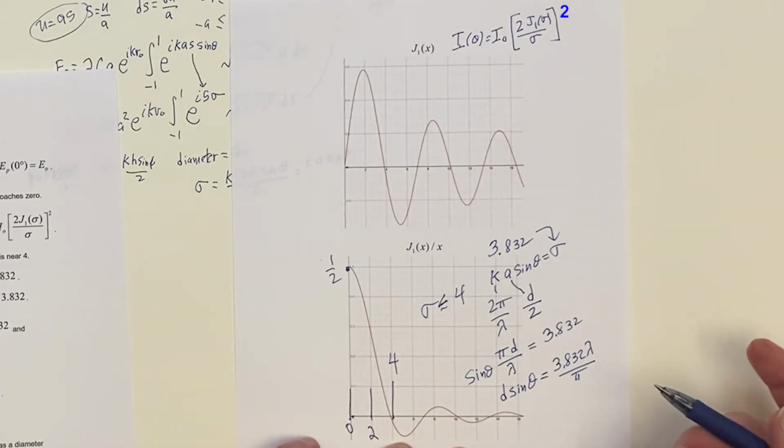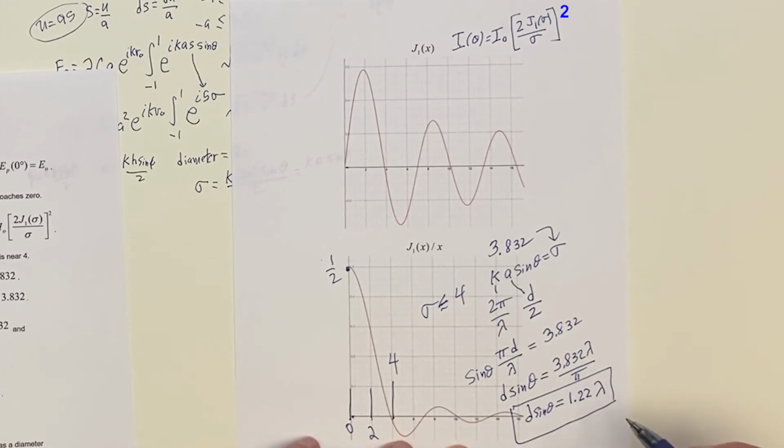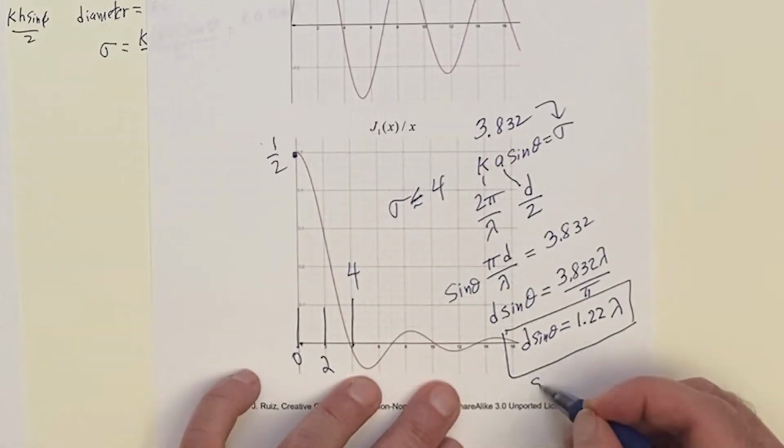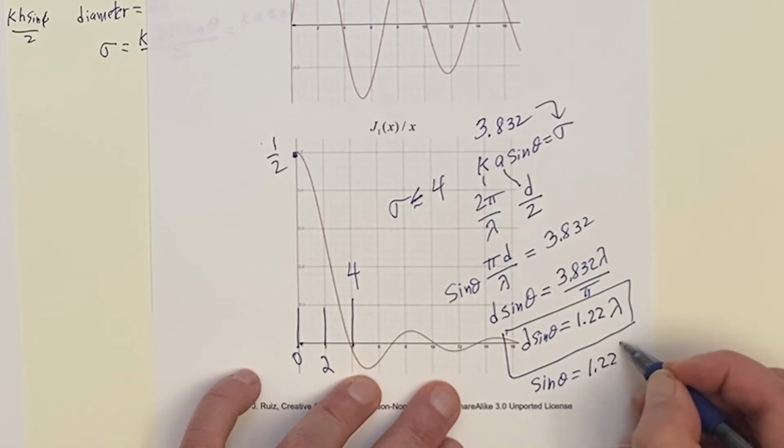Now we have the famous result. D sine of theta is equal to, when you divide by pi, the famous result, 1.22 lambda. Very famous result. And if you want to find the angle, sine of theta is 1.22 lambda over d.